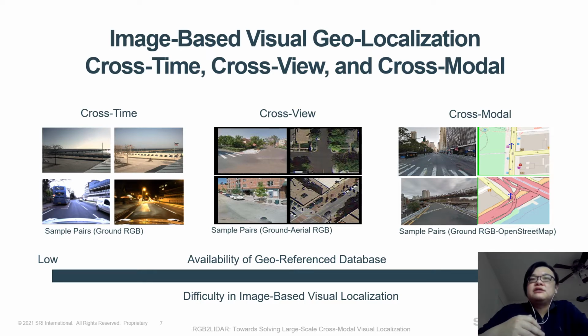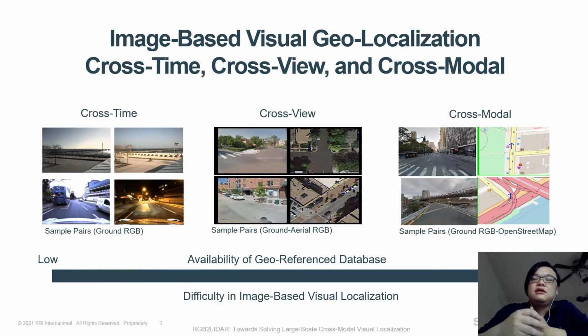So these days, there are also research works that build the database from aerial viewpoints. If you send a UAV to collect the aerial reference images, and then match the ground query image to the aerial reference data, the collection of the reference data becomes easier.